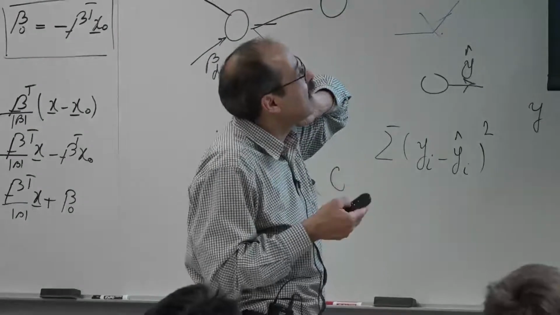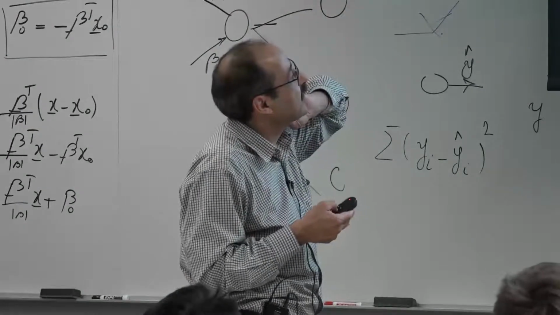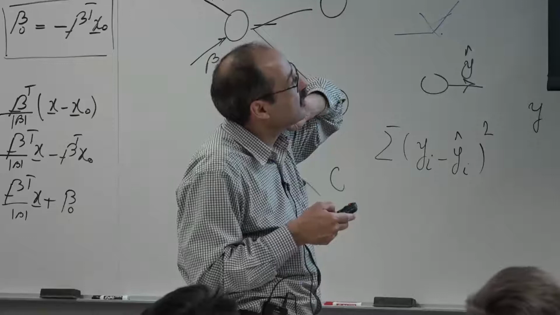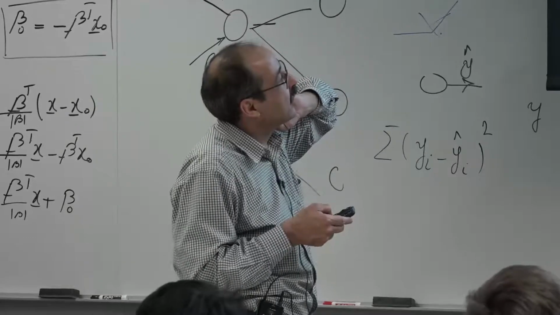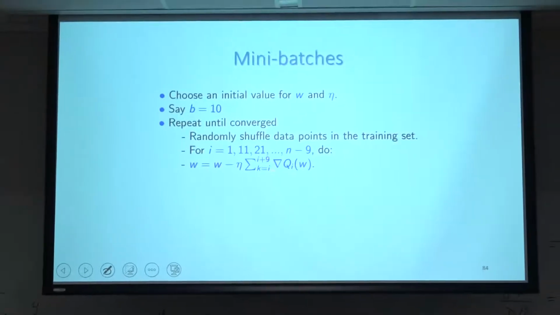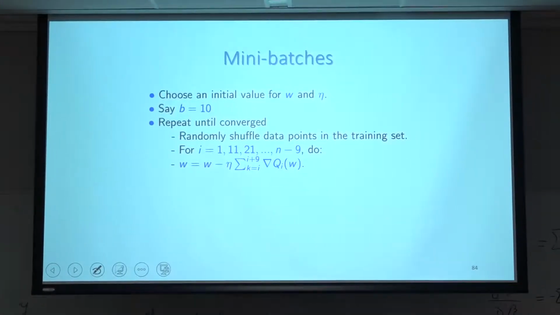And this is the most common one. So in each iteration, you're not computing the gradient for all 1 million points, but you're computing the gradient for 10 points, for example, or 20 points, a mini batch. Okay?